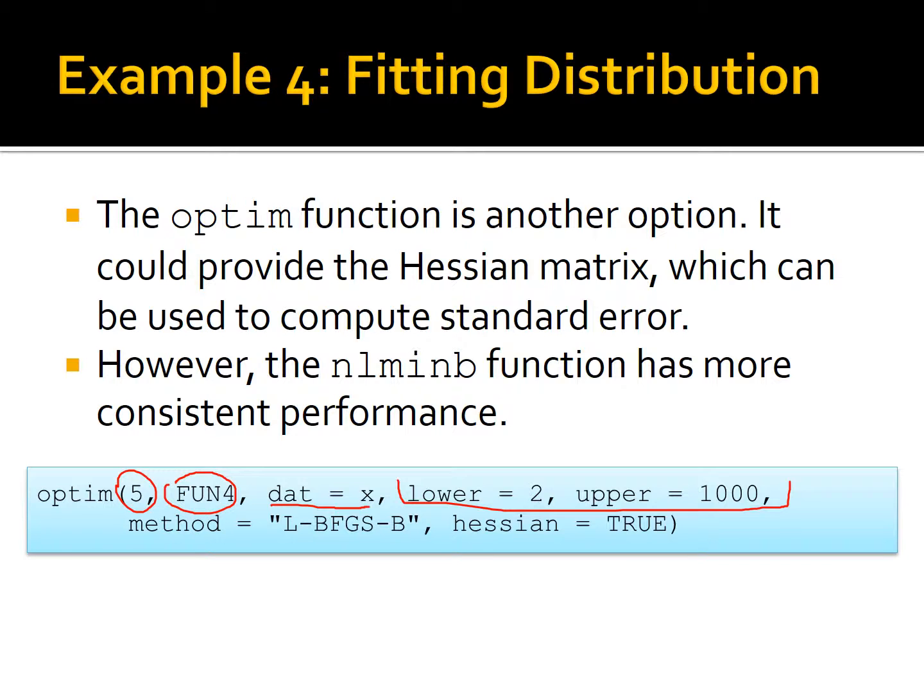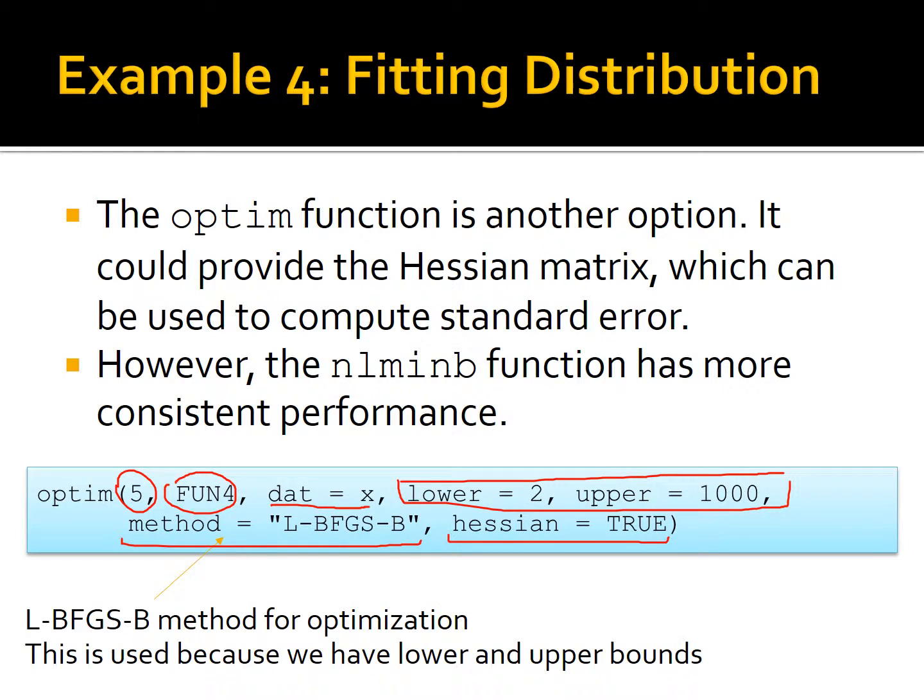If we want the boundary, we need to use the L-BFGS-B method, which is the method the optim function uses when we have a lower and upper boundary. And hessian equal to TRUE means we want to get the Hessian matrix. We use the L-BFGS-B method for optimization because we have the lower and upper bounds, and we also ask for the Hessian matrix.